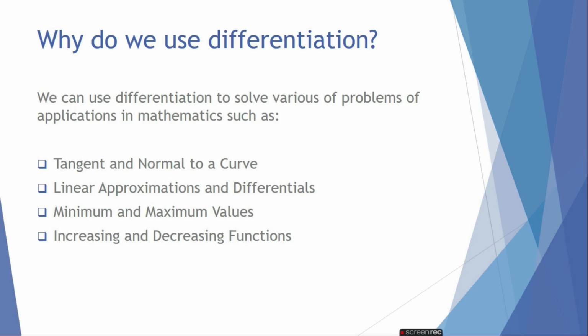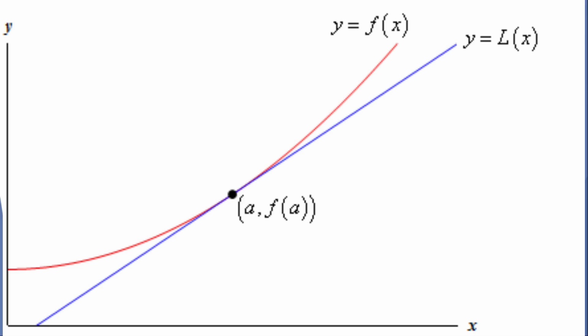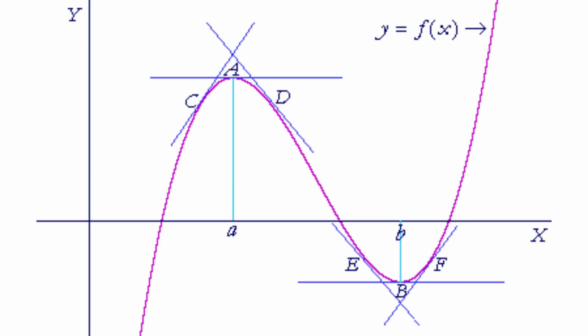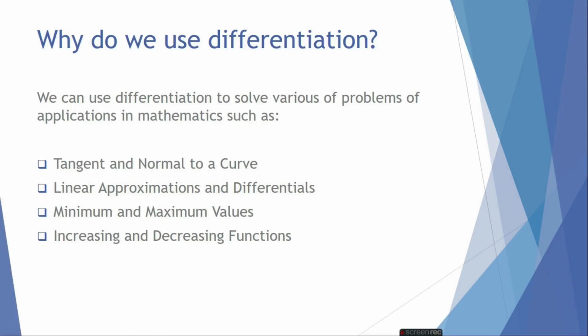Now that we know what differentiation is, what can we use it for? Well, we can use differentiation to solve various problems and applications in mathematics using various methods, such as tangent and normal lines to a curve, linear approximations and differentials, minimum and maximum values, and increasing and decreasing functions.